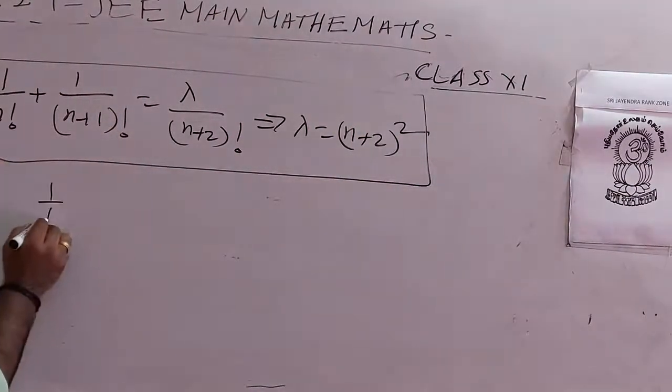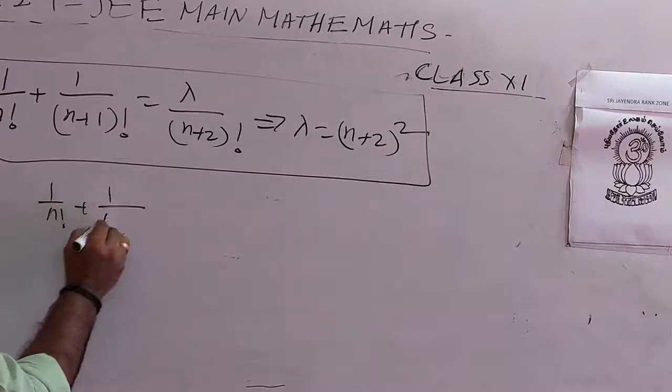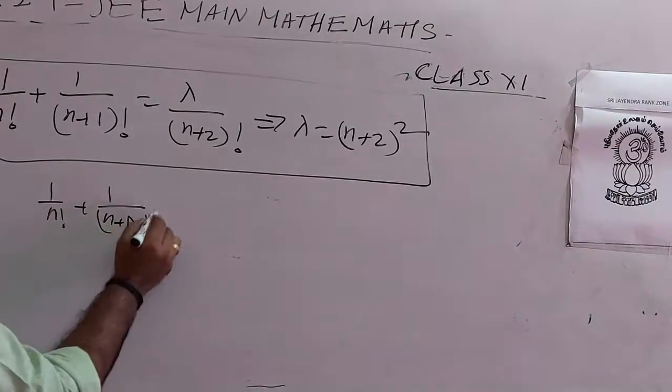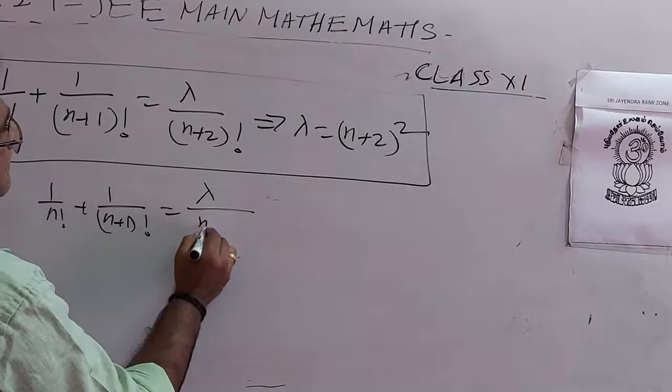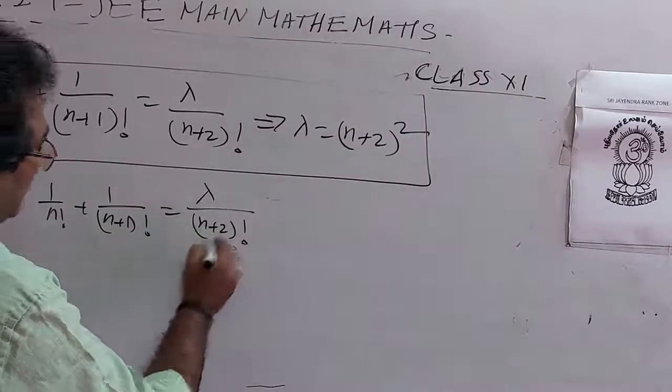For example, 1 by n factorial plus 1 by n plus 1 factorial equal to lambda by n plus 2 factorial.